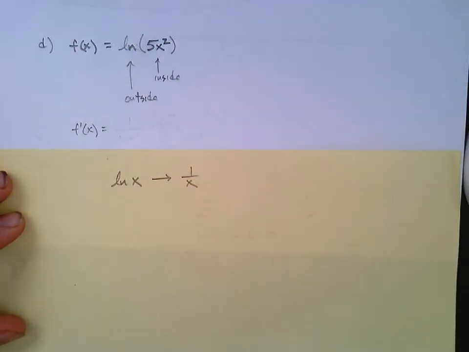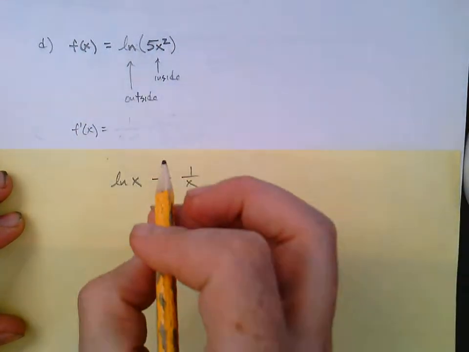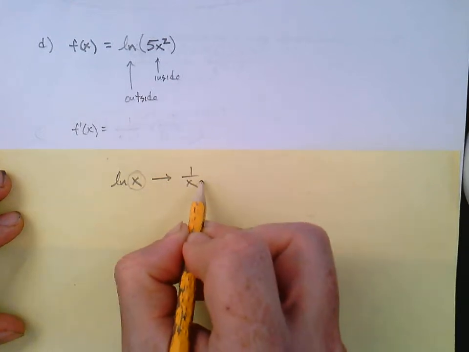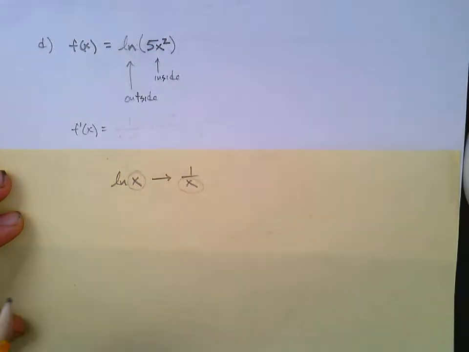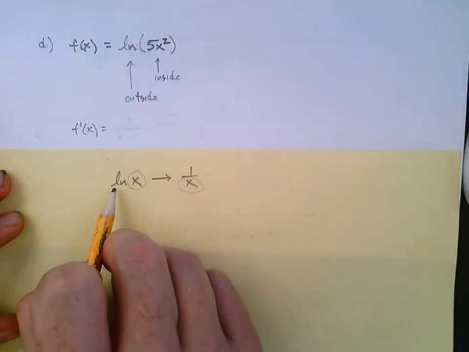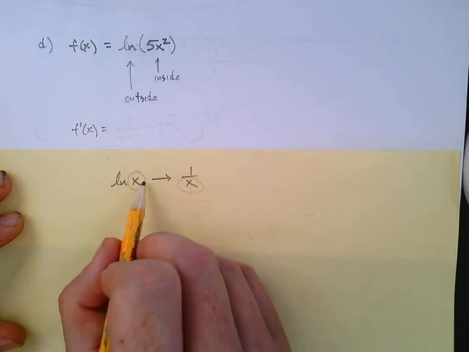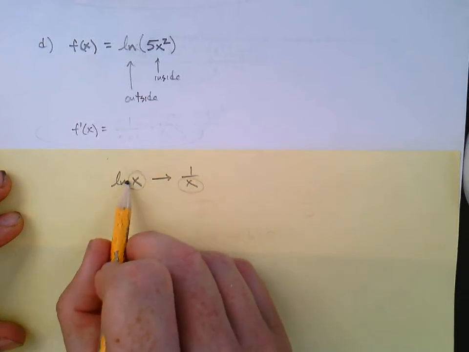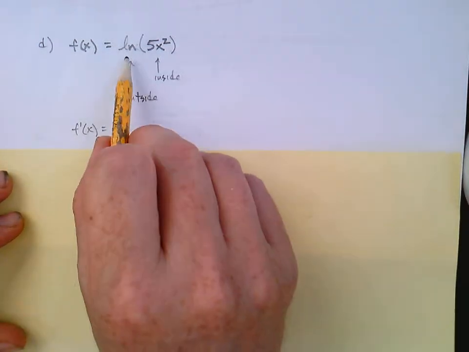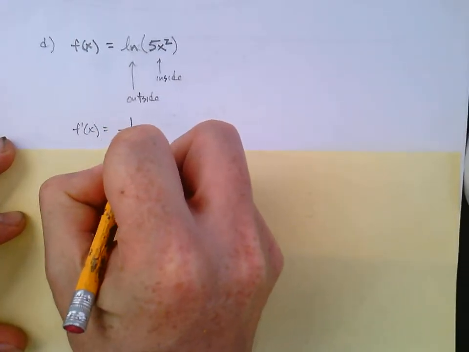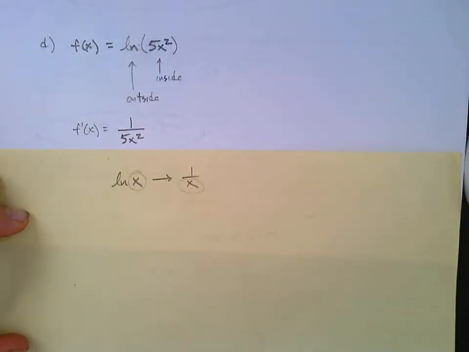We've got 5x squared, but it's going to follow the same pattern. Here's how we do it. Whatever we see here gets repeated here. So think of the derivative of natural log as being 1 over, well, 1 over what? Whatever was here. So the derivative of this outside is 1 over 5x squared. And that's the derivative of the outside.